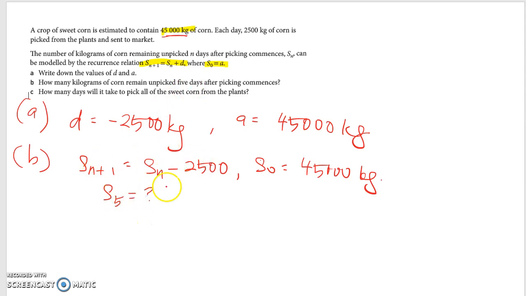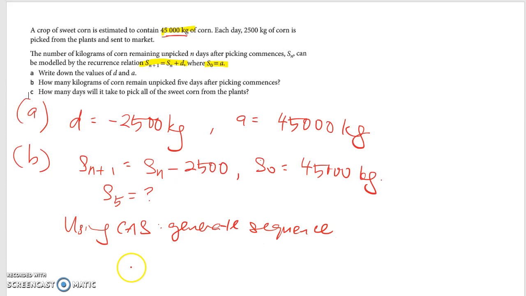Now we can use this recurrence relationship and put it into our calculator and generate a sequence which will tell us this answer. So using CAS, generate a sequence, and this is a sequence that we're going to be generating.